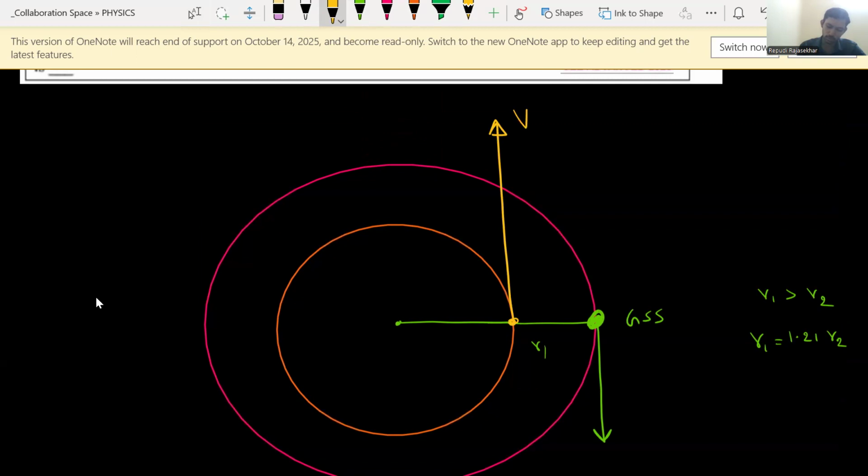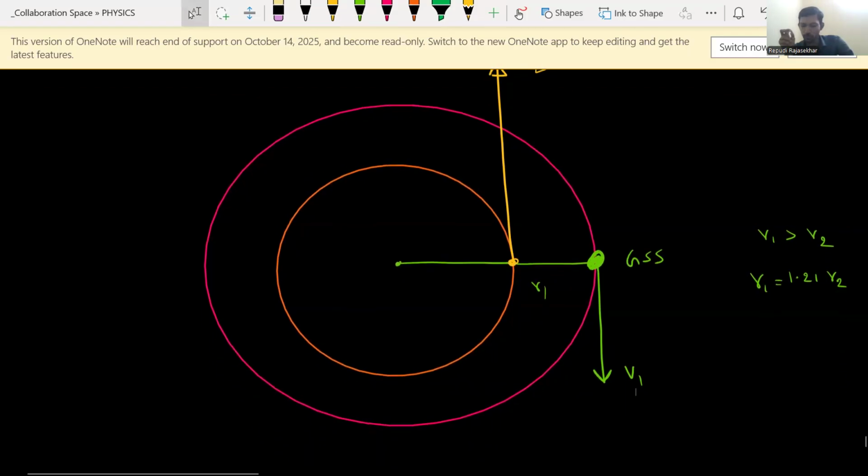Let's take its velocity as v2 and the geostationary satellite's velocity as v1. The ratio of radii, or a relation between the radii, they have given.